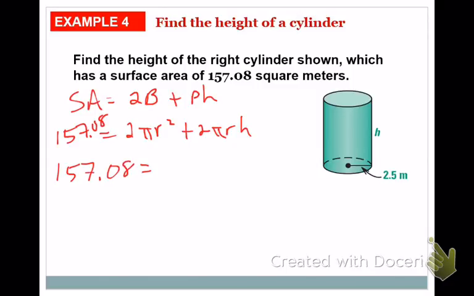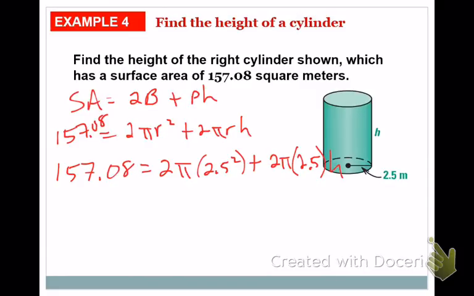And now we start filling in what we know. We know the radius here is 2.5. Right? So 2 times pi times 2.5 squared, then 2 times pi times 2.5 times the h.